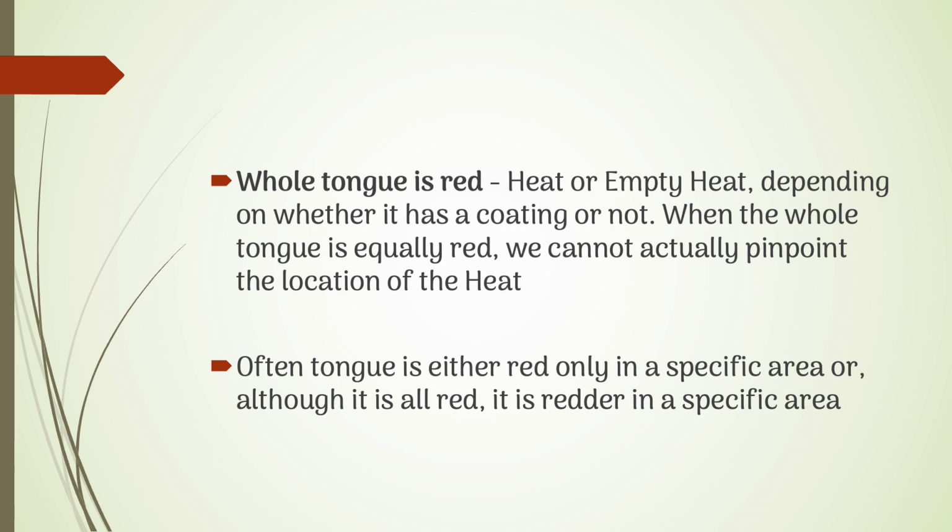If the whole tongue is red, it indicates heat or empty heat, depending on whether it has a coating or not. When the whole tongue is equally red, we cannot actually pinpoint the location of the heat. Often, however, the tongue is either red only in a specific area, or although it is all red, it is redder in a specific area.